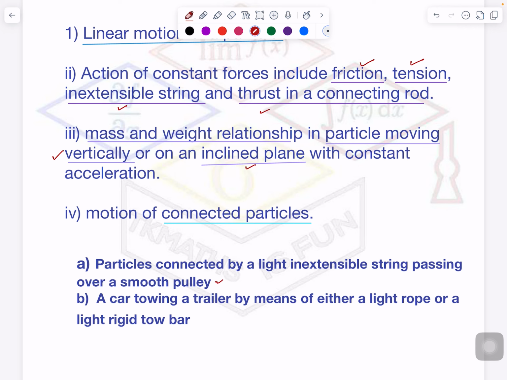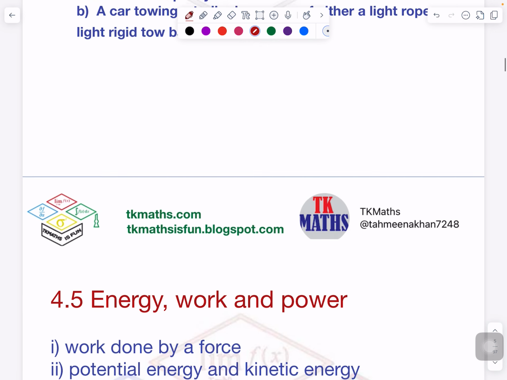Now this pulley could be on the table, hanging, or on the ramp. So different situations we will see with respect to smooth pulley. Either it is on the rough surface or the smooth surface, the particle which will be connected with the pulley, and a car towing a trailer by means of either a light rope or light rigid tow bar.